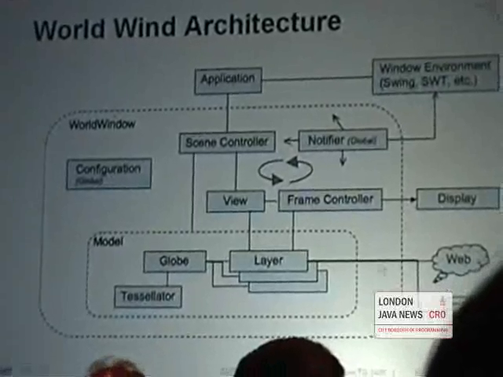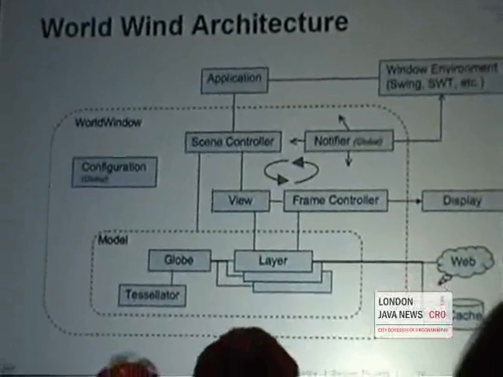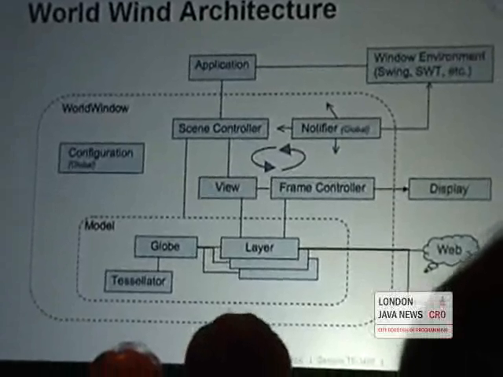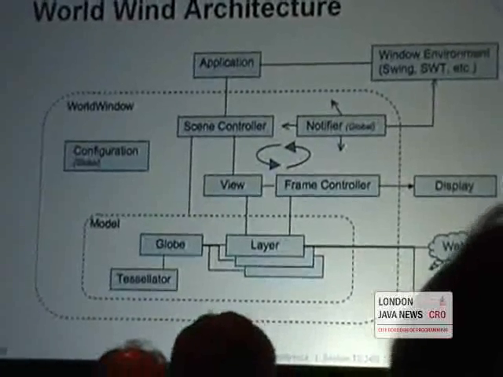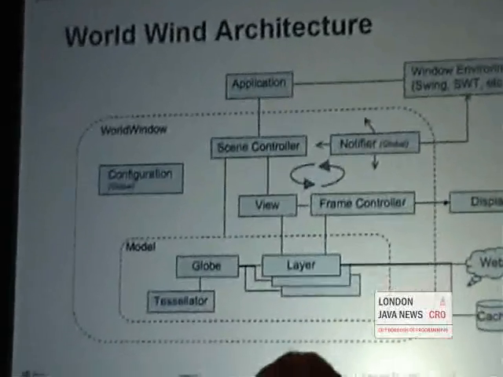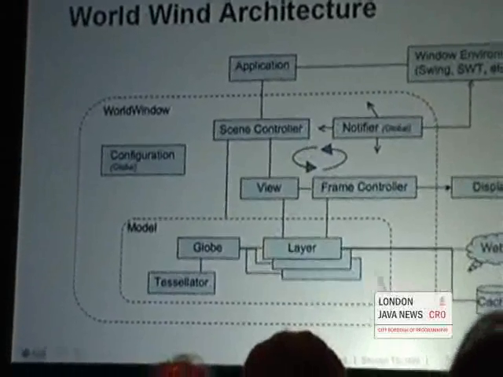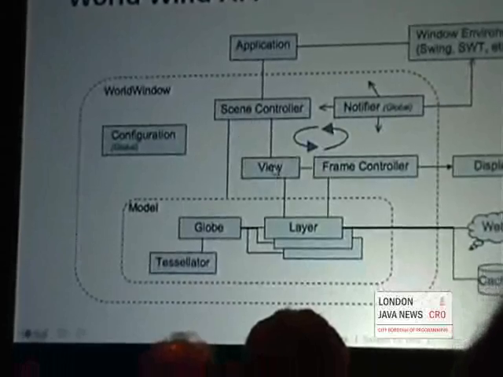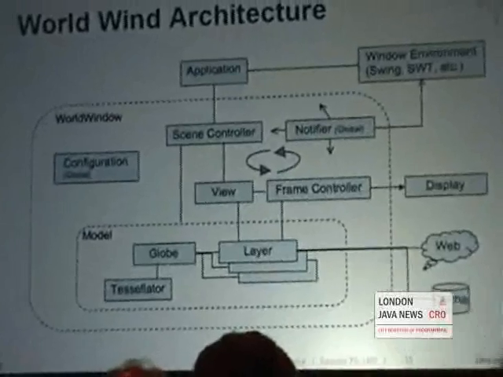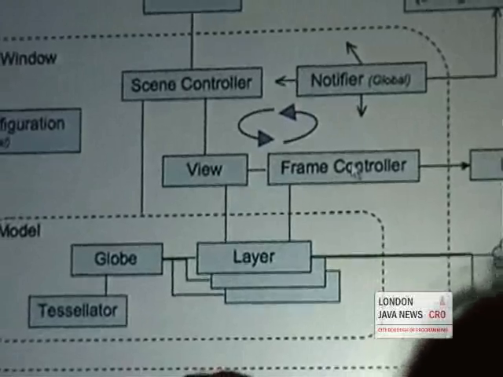The application creates it. A scene controller is responsible for keeping the scene updated: timing, working with the window system to get events through the notifier, through an input handler, to map user actions to semantic actions like zoom, pan, tilt. That's the scene controller's job. The view controls what the user sees and how they see it. The frame controller is responsible for the content of each frame.